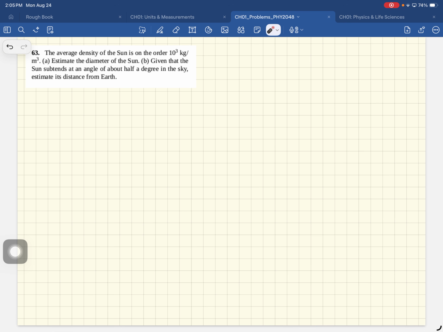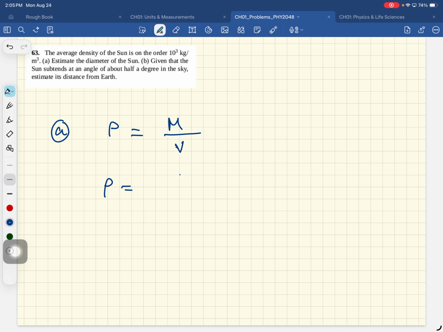Except that in that formula, what units does the angle have to be in? In degree? No, in radians. So you guys remember this formula?